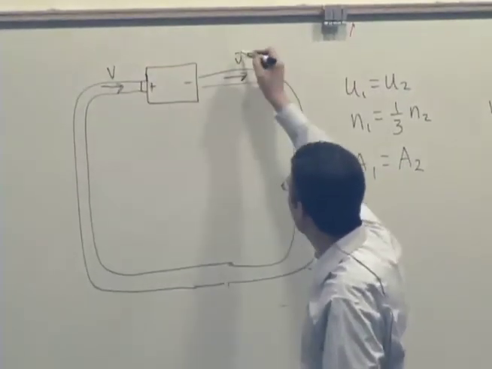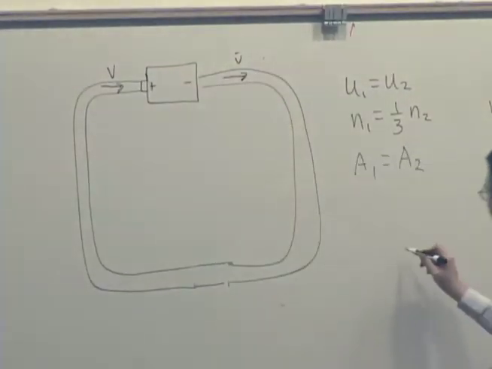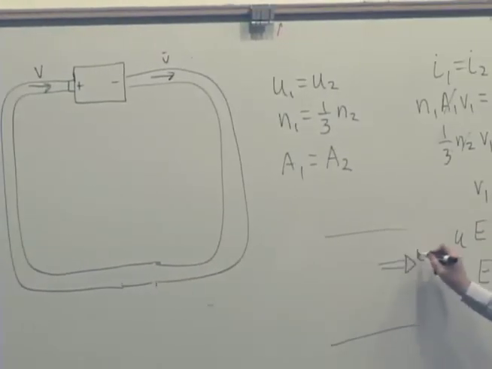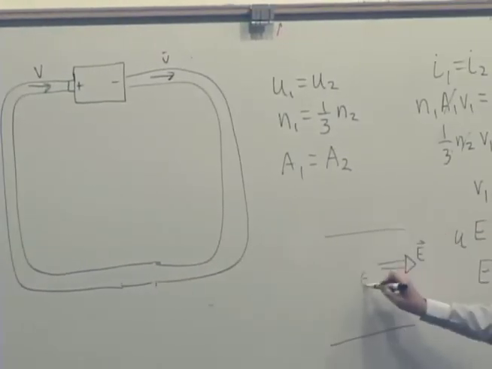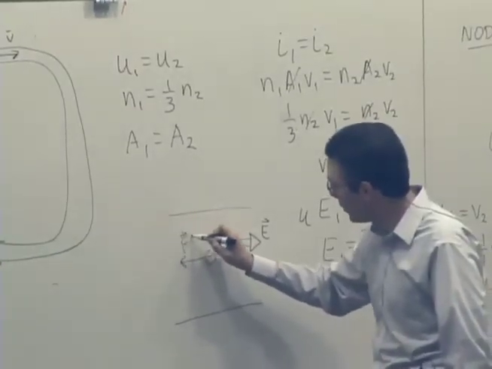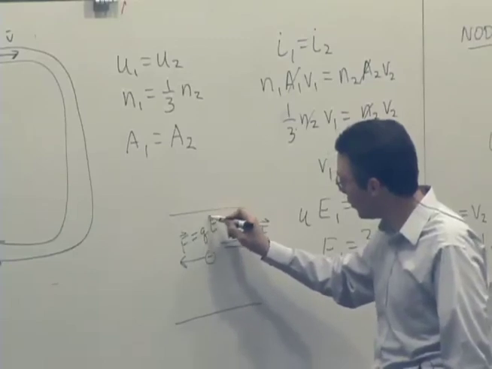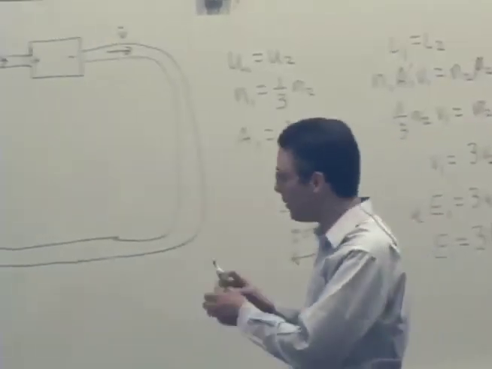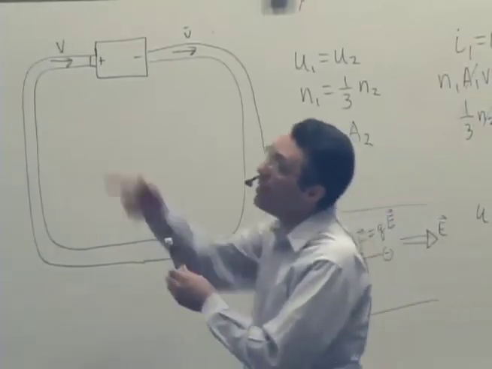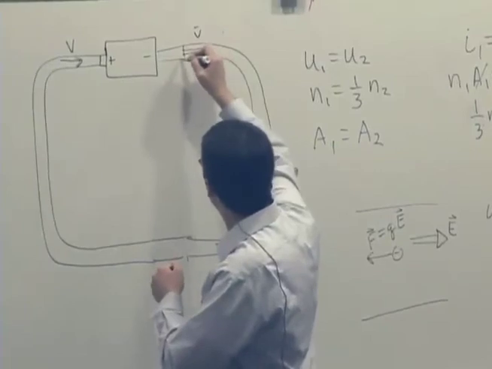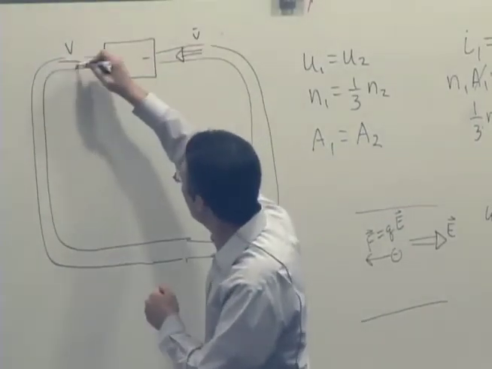So that's V. And then because in our model we have an electric field inside a conductor, we have mobile electrons, and therefore there's going to be a force in the opposite direction, because the force is equal to the charge times the electric field, which means the electrons are going to move in the opposite direction of the electric field. So we end up with directions for the electric field that point that way.